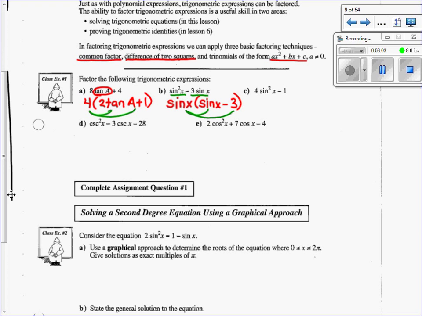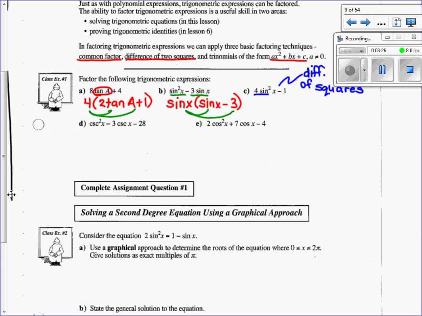This one here is Mrs. Baker's favorite kind. This is a difference of squares. Remember, when you factor a difference of squares, you find the square root of each of those perfect squares and put them in the brackets. In one set of brackets you put the adding sign, and in the other bracket you put the subtracting sign.